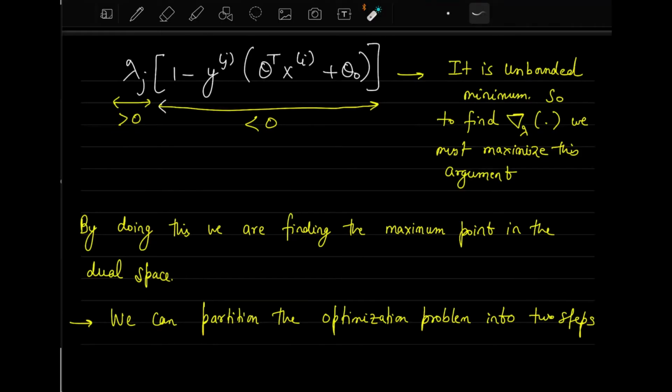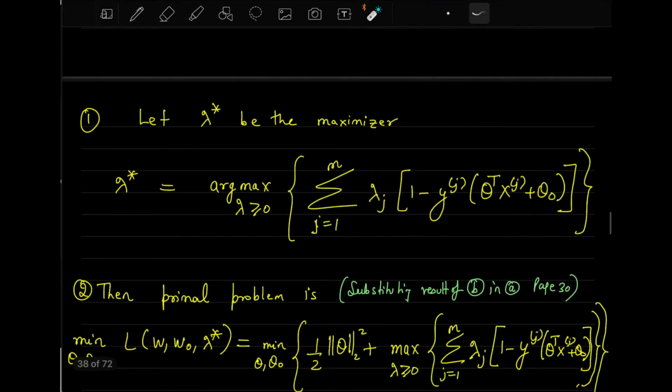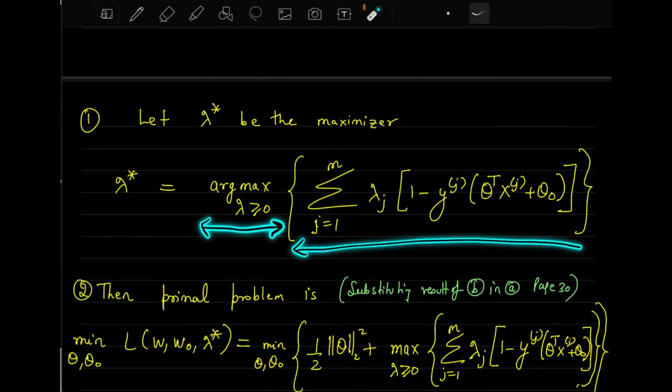So any questions here regarding this? You know that this particular function is always going down, so there is no minimum for it. So let's find the maximum value of this. Let lambda star be the maximum value, and we can write it like this: lambda star is the argmax over lambda of this particular expression which we were discussing.